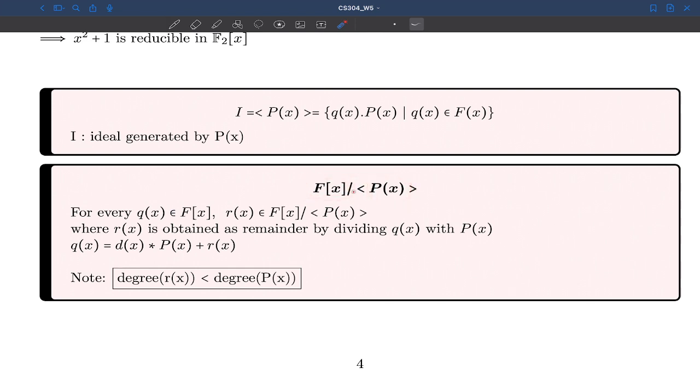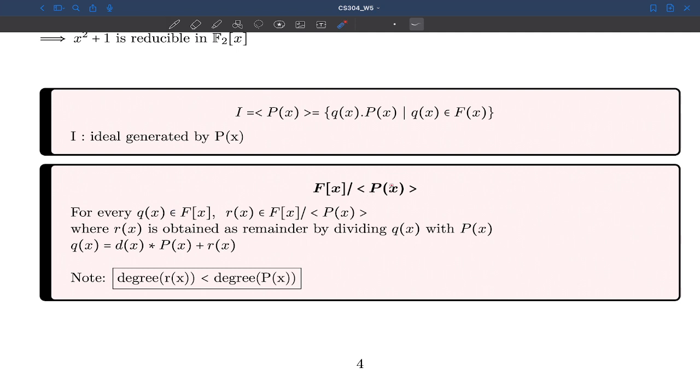I just fix a p(x) polynomial from my field, and I'll divide every other polynomial in my F[x], and whatever I get, obviously I will get a remainder polynomial. Whenever I am dividing, we are taking the remainder because operations here are under modulo. We are not considering the quotient here, we are considering the remainder.